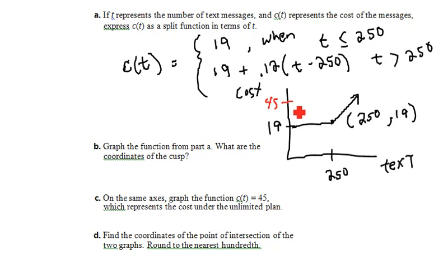That's the unlimited plan, and that's for every message. So that's just going to be a constant value straight across. Okay, there's my graph, and that's it for C, because it's always $45.